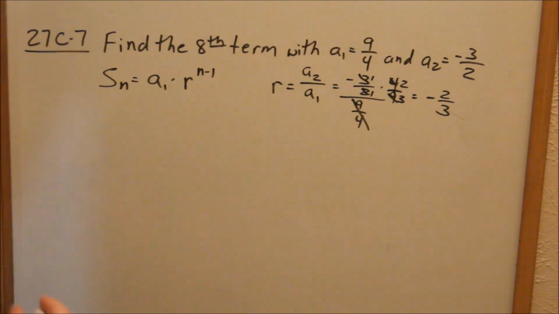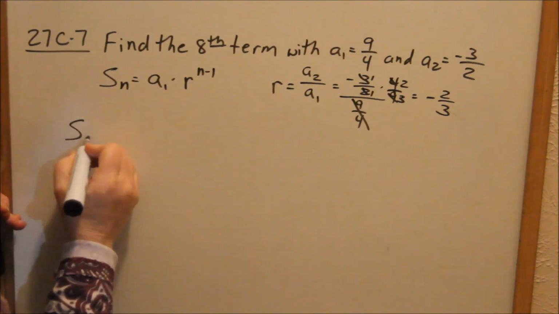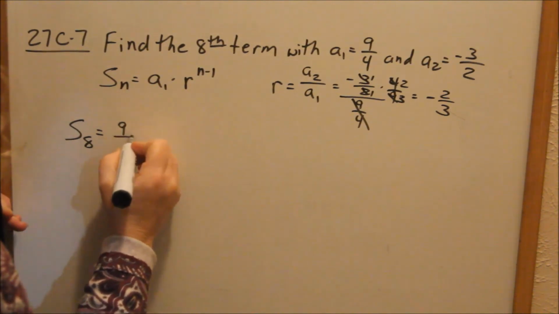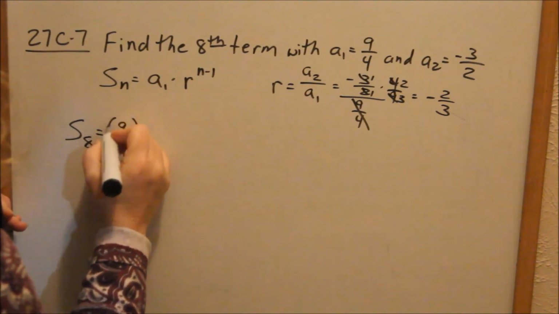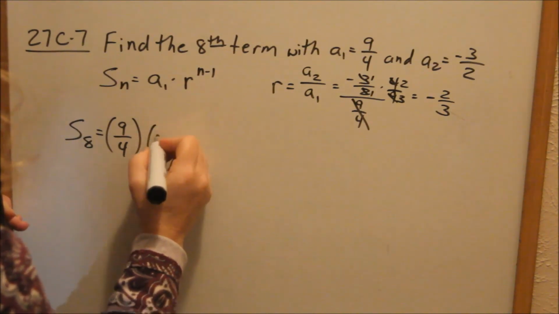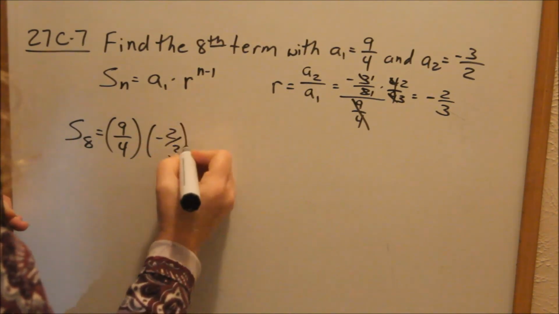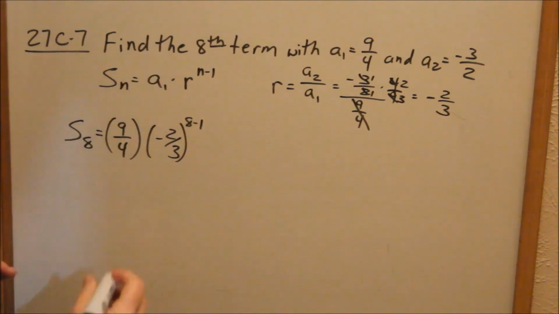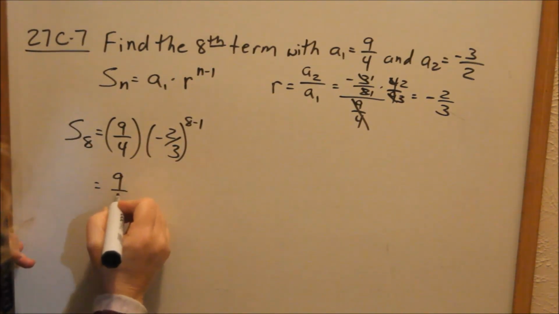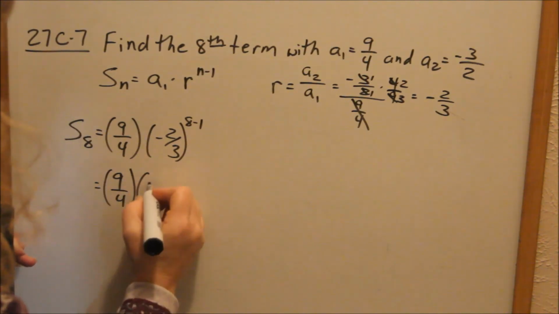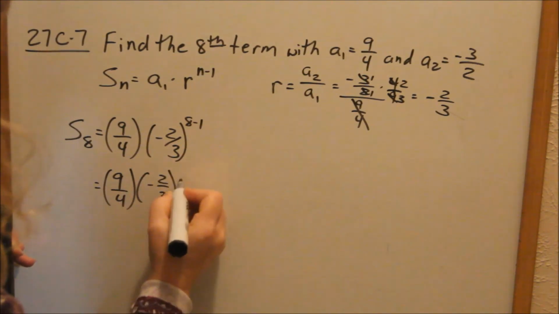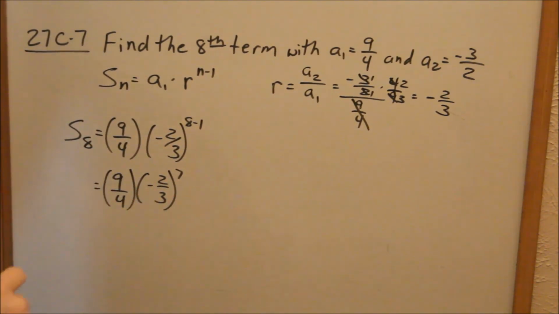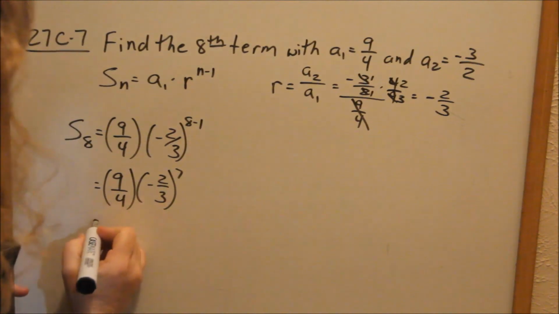Okay, now that we know that, we can find the 8th term. We want the 8th term, so take the first term, which was 9/4, times our common ratio, which was negative 2/3, raised to the n minus 1. n is 8, minus 1. So 9/4 times negative 2/3 raised to the 7th power. Since that's negative raised to an odd number, it will be a negative.